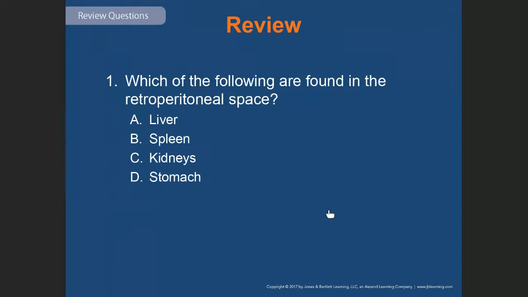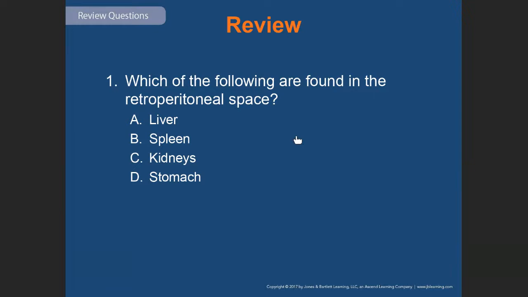Question number 1. Anybody familiar with the retroperitoneal space? The peritoneum is the membrane that houses the intestinal organs. So the retroperitoneal would be behind the peritoneum.